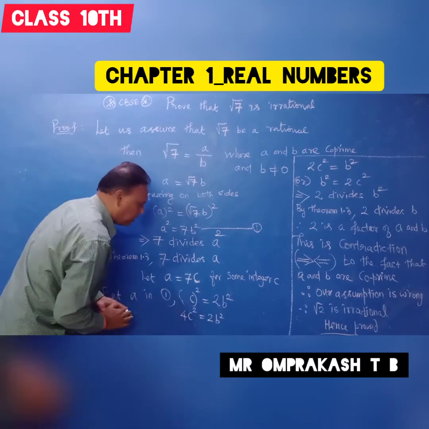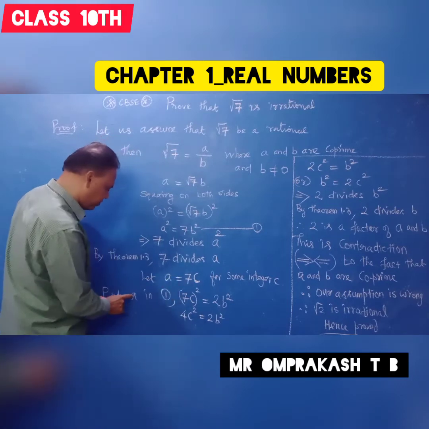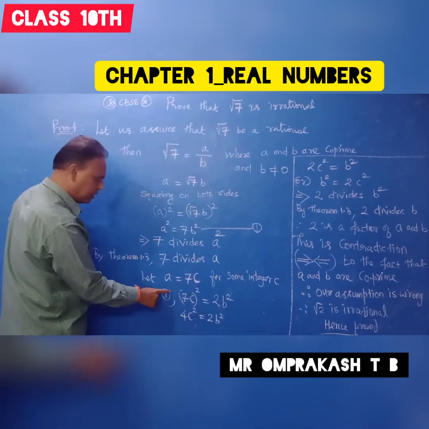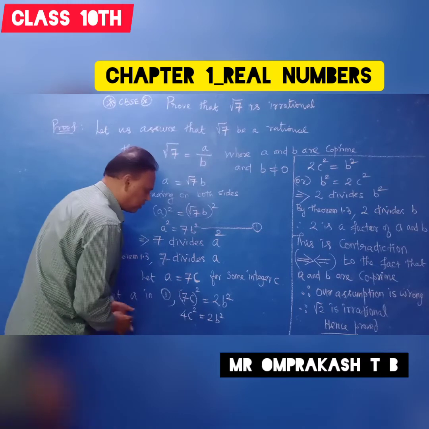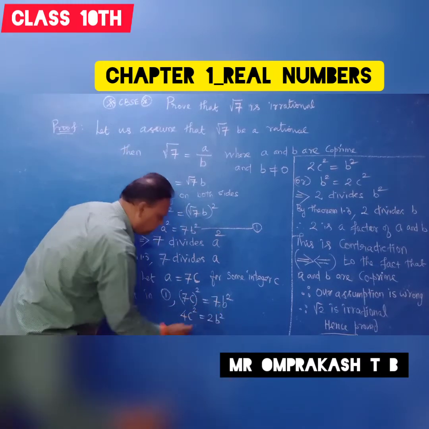Therefore put this a in 1. That means (7c) whole squared equals 7b squared. Squaring, we get 49c squared equals 7b squared.